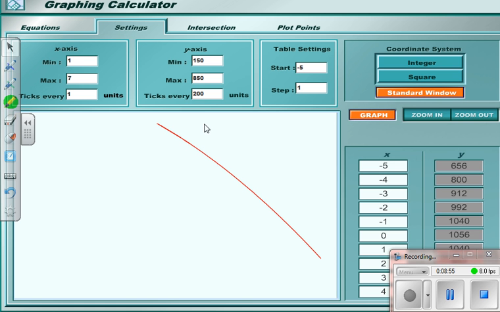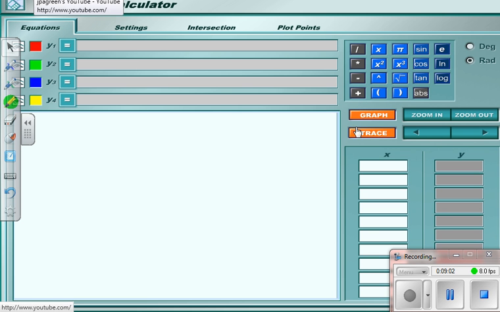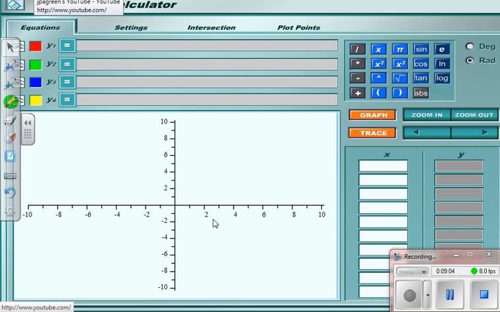Oops, I lost my picture here. We could zoom in and trace and get more accurate settings, but just over 8 seconds is pretty accurate.